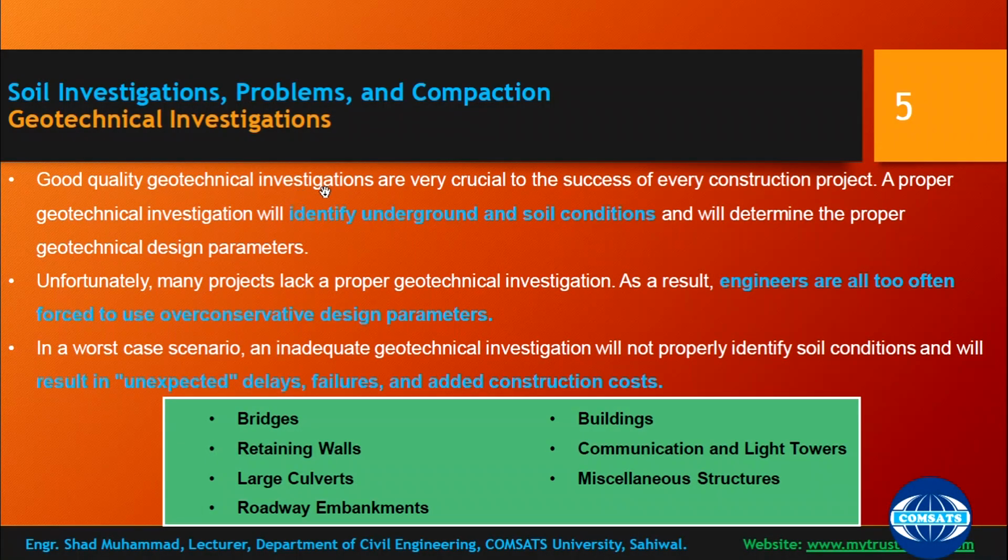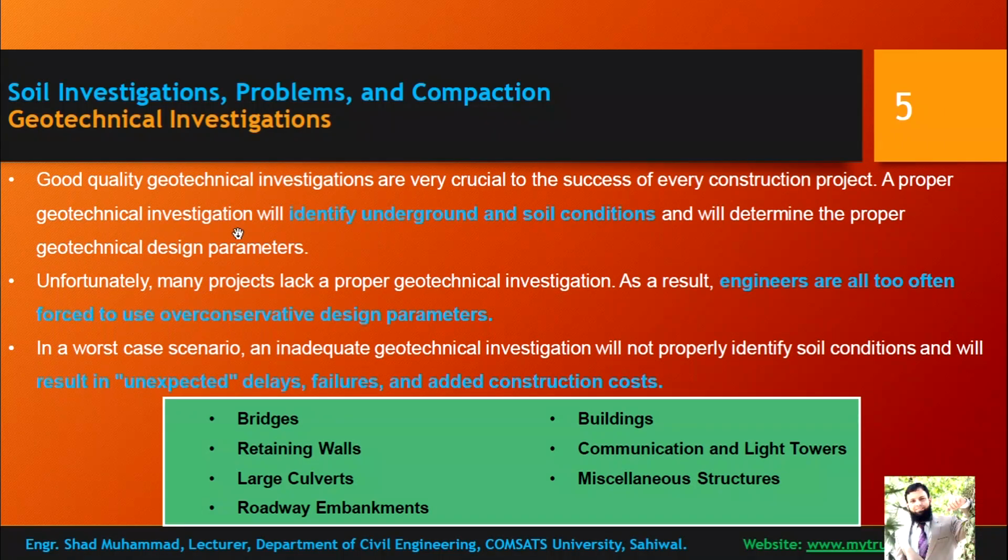Good quality geotechnical investigations are very crucial to the success of every construction project. They are very important regarding construction processes, and they are held prior to conducting any construction.